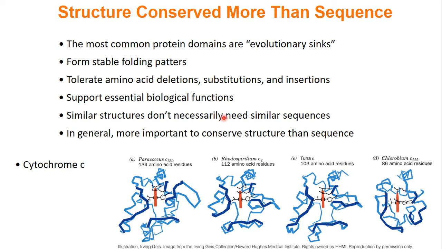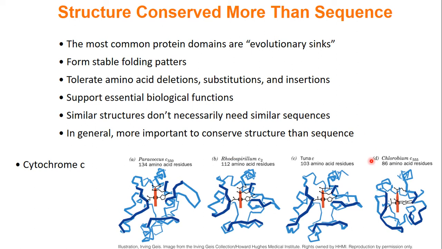And a lot of these evolutionary sinks have very important biological functions. And what we see is if we look at different organisms and we look at proteins that do the same job, their sequences can be very different, but they look the same. So here's cytochrome C in 4 different organisms.